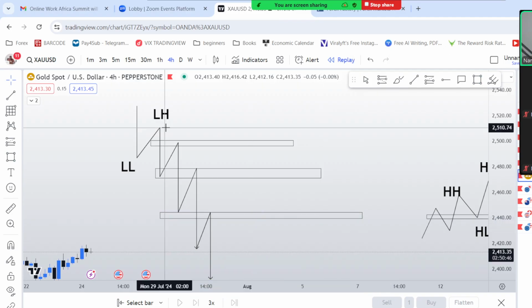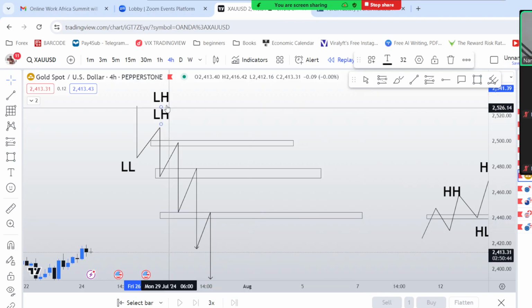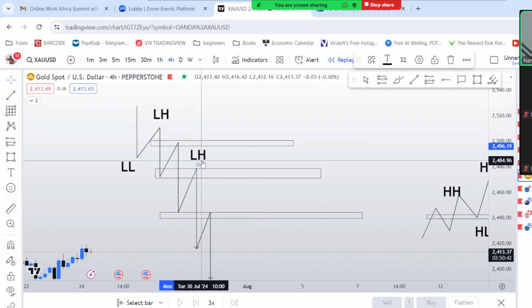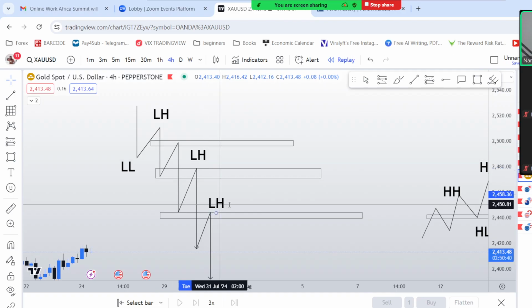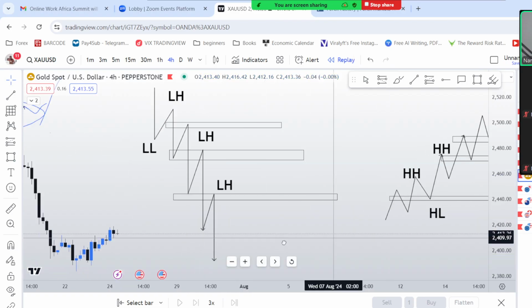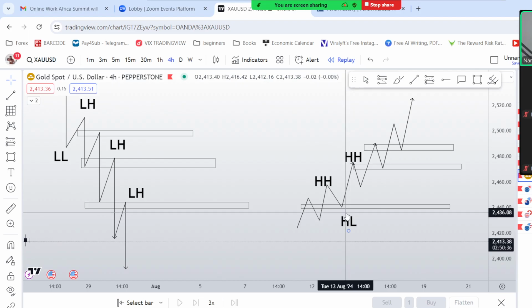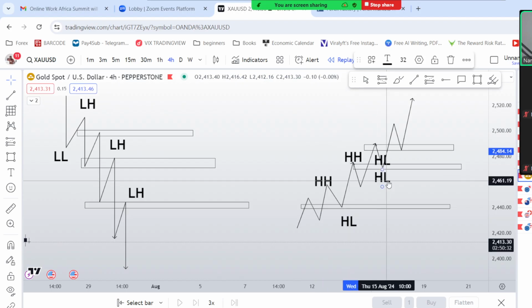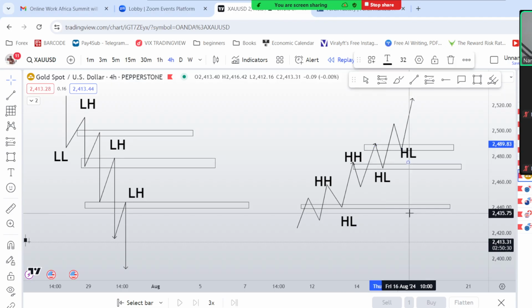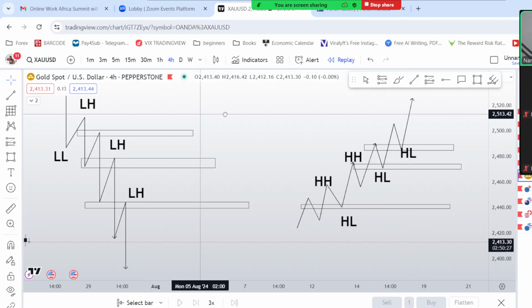So the lower high levels are the swing points of every given downtrend, whereas the higher lows are the swing points of every given uptrend.